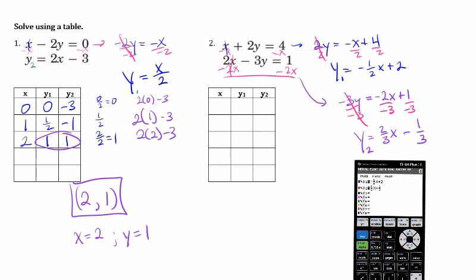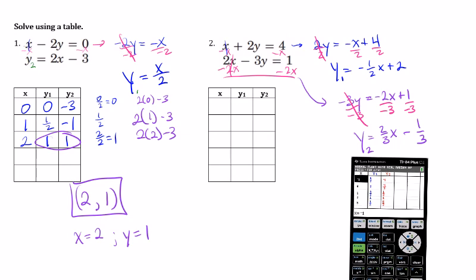Okay, all right, so then we want to go second table. So push second and then table, or second graph, and that gives you the table, and you'll see a table that's already done for you on the calculator. The nice thing about this is you can scroll up and down and check different values, but we want to see where y1 and y2 match up, right?